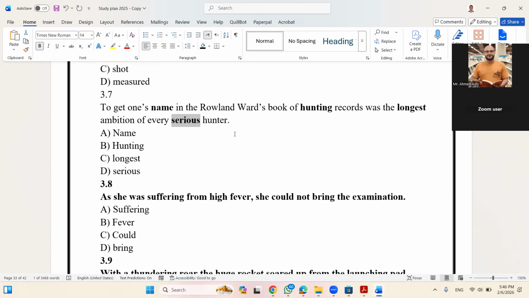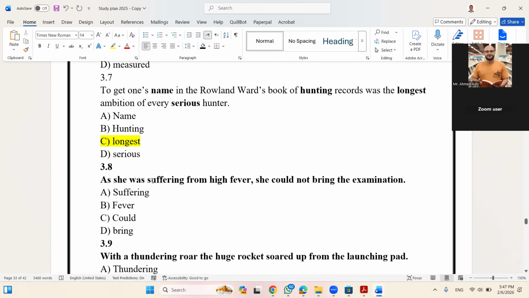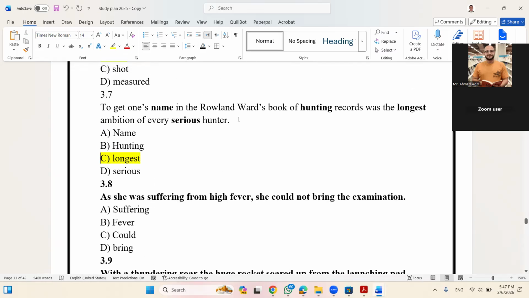When you say what a mark, this is the highest or the utmost level of something. So longest should be replaced by utmost, ultimate, biggest, highest ambition. So it talks about a book, and this book collects names of people who hunt something big.